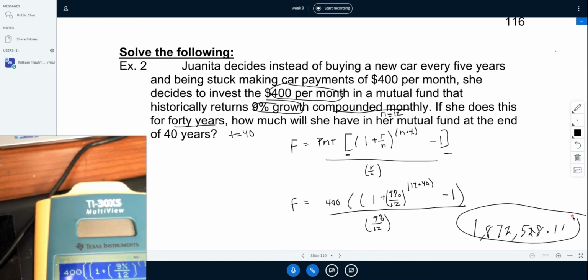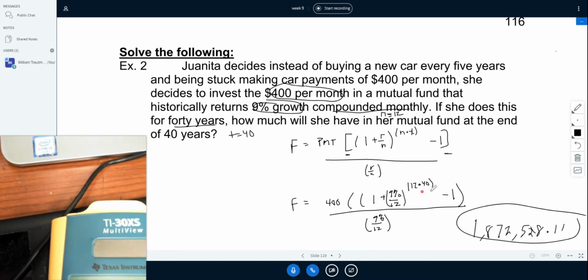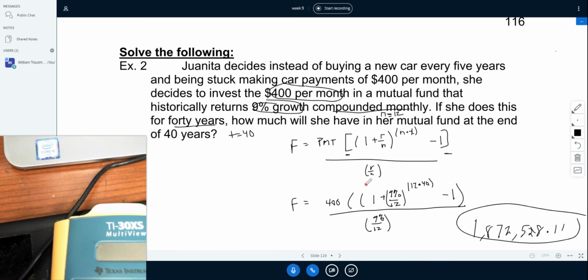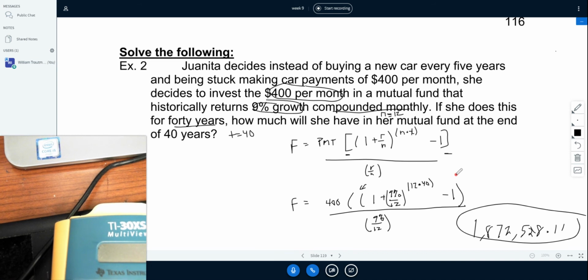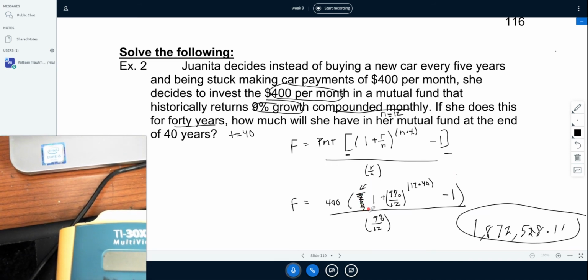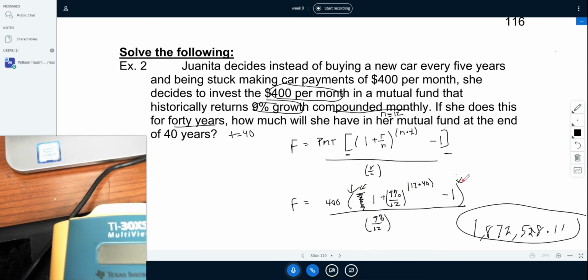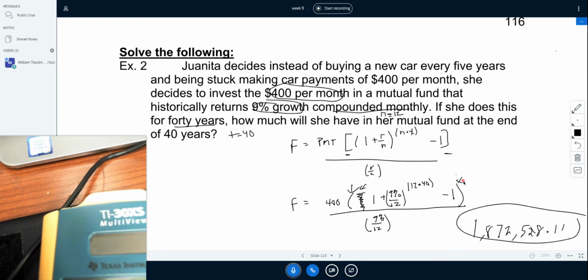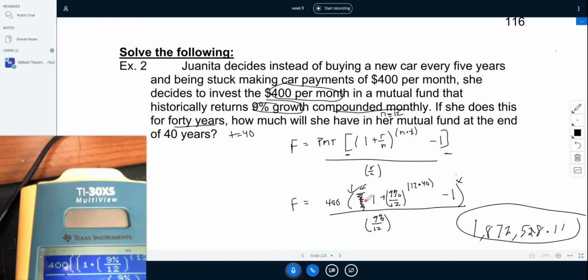Do you see when I wrote it in here? This one covers this one, so I had one extra in here.